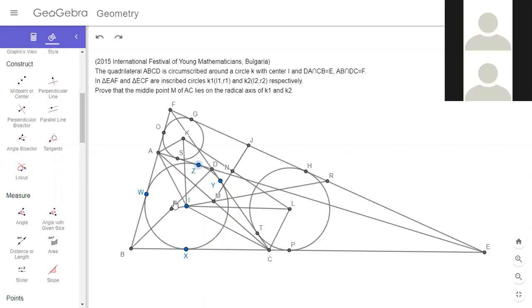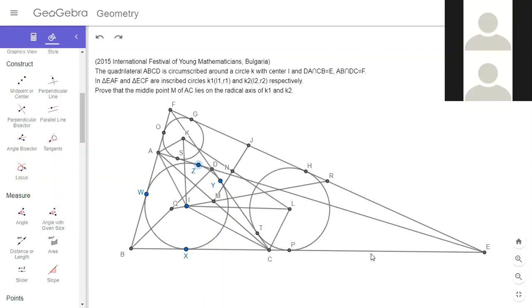So CIX is similar to CPL, and IWA is similar to KOA. And so I think we can use that to prove that KAI is similar to ICL. Yeah, okay, so I can see how to prove KAI is similar to ICL.